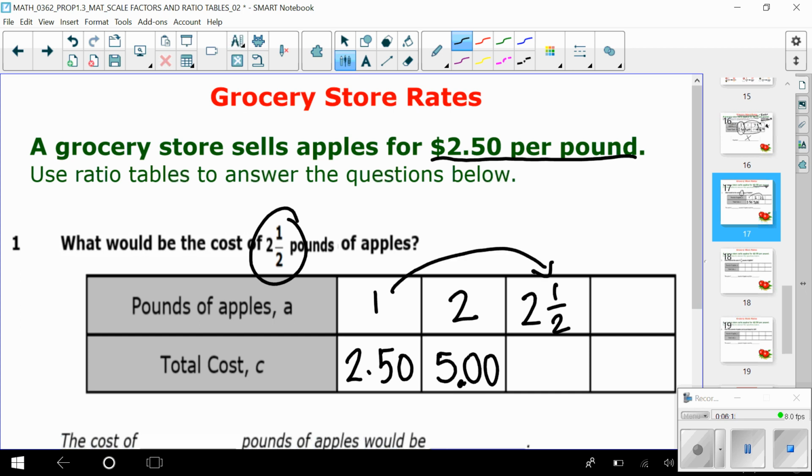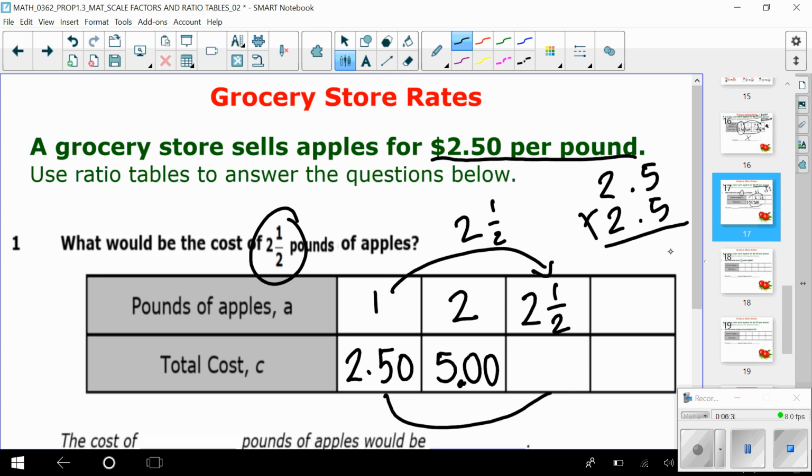So I can look between, and I know that 1 times 2.5 is going to give me 2.5, right? So I'm going to do the same thing down here, 2.5 times 2.5. Well, these are the same thing, right? So I'm just going to multiply 2.5 times 2.5.